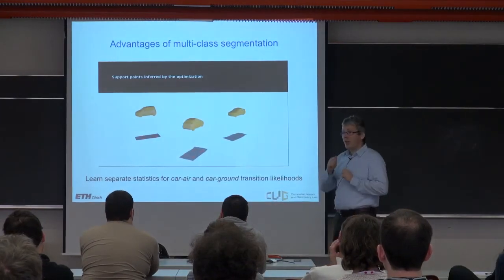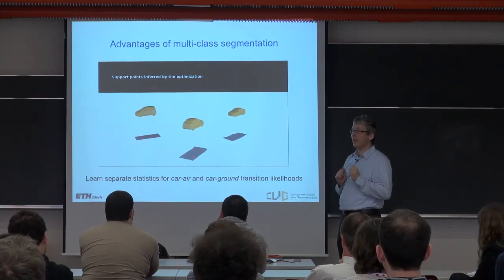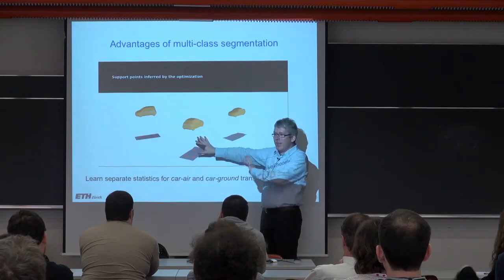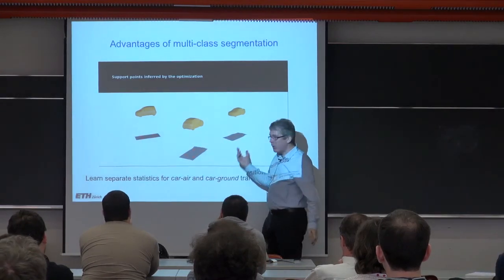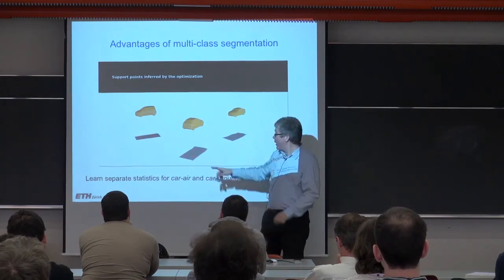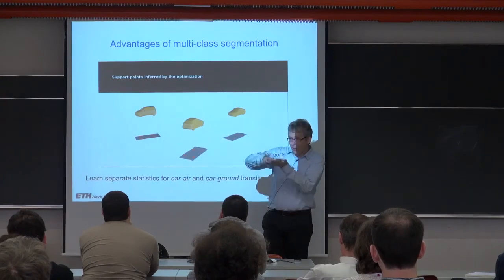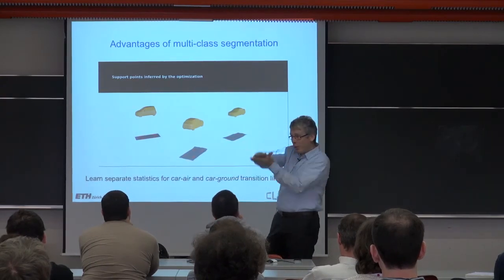We can say a transition from car to ground only happens at the wheels. And we train this from our training data. So we know, without seeing it in this particular example from the data, our regularizer had this all built in. And so it can actually instantiate the contact points and make sure that this stays away from the ground. The car doesn't collapse with the ground and doesn't fuse the two surfaces into one.